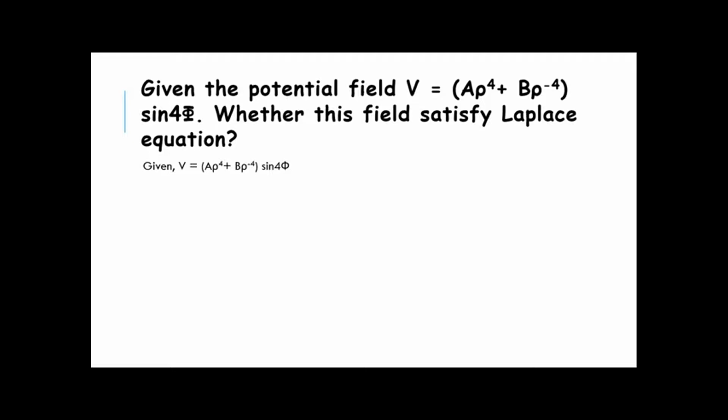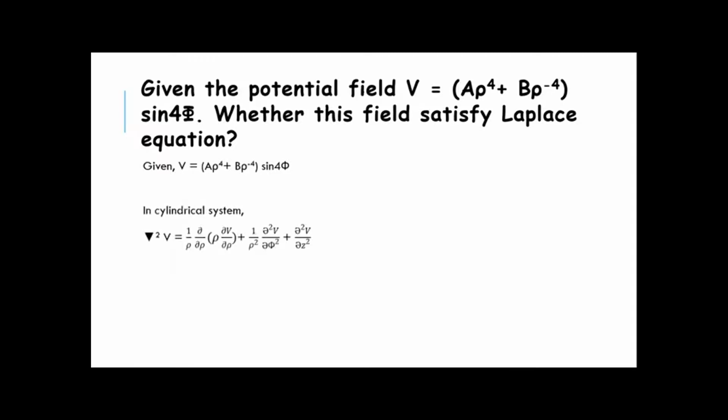From the given potential, it is clear that the potential is represented in cylindrical coordinate system. So it is necessary to remember how we represent Laplace equation in cylindrical coordinates. This is how this problem is different from the previous one.